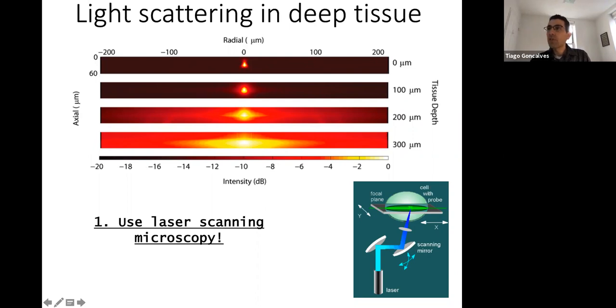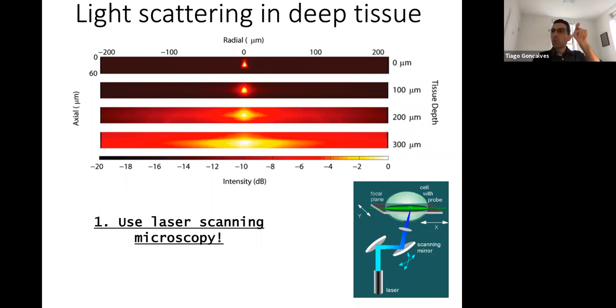So what does this mean? Instead of having a CCD or a CMOS, which is basically like the camera on your phone, or a photo camera, where you have pixels, you here take a completely different approach. You have a single pixel detector, which is a PMT that I'm going to introduce in a little bit. So you have one single pixel, and you form the image in a different way.